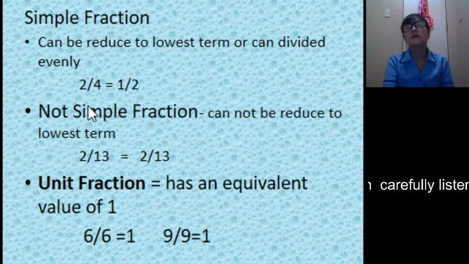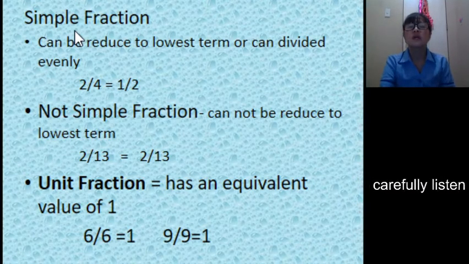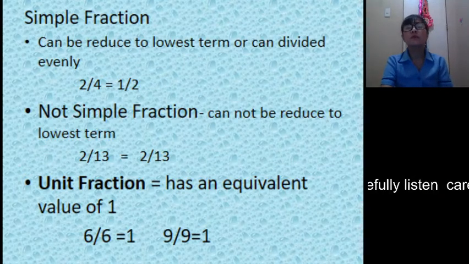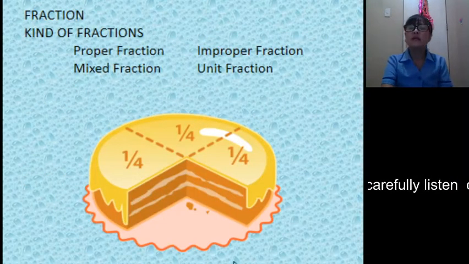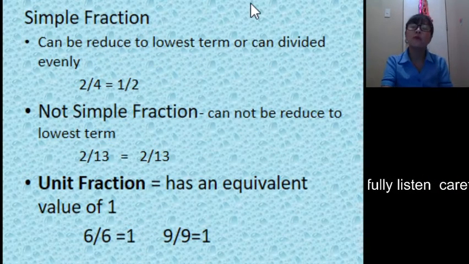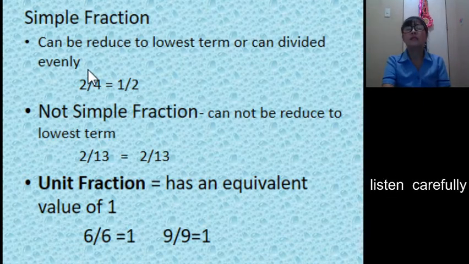Actually, there are different kinds of fraction. In this case, I will just give you an overview about these fractions, because we're going to use this in our fundamental operations.